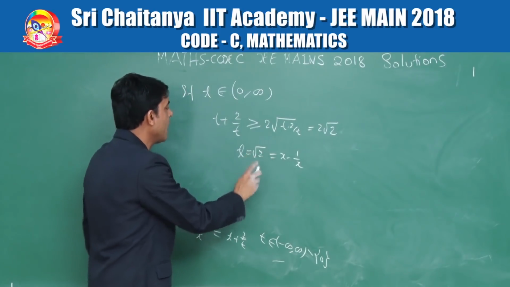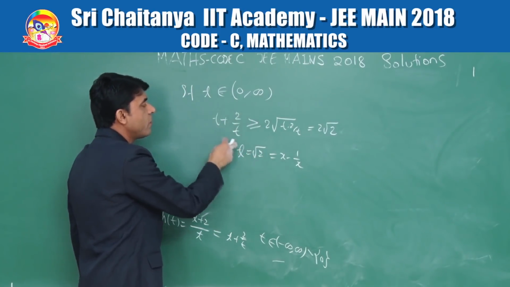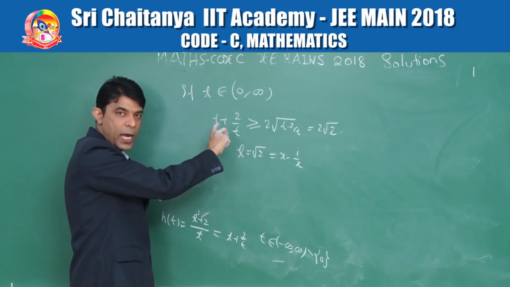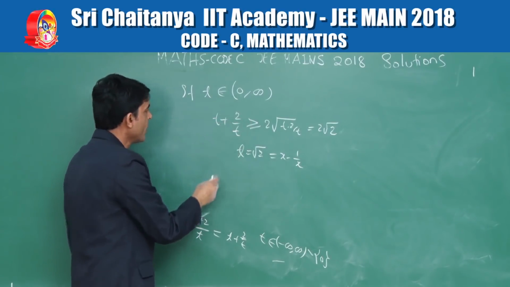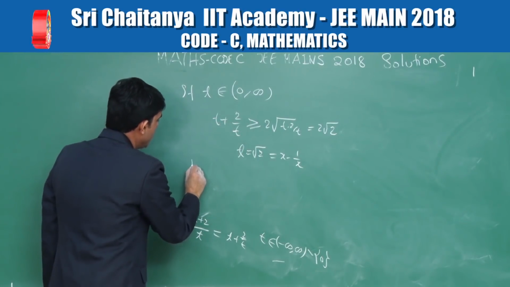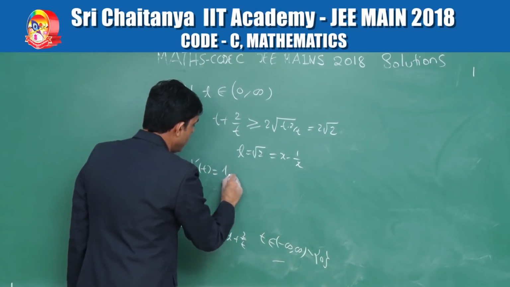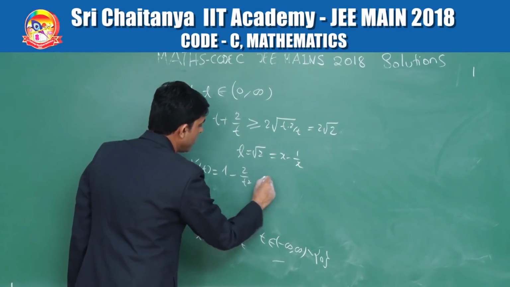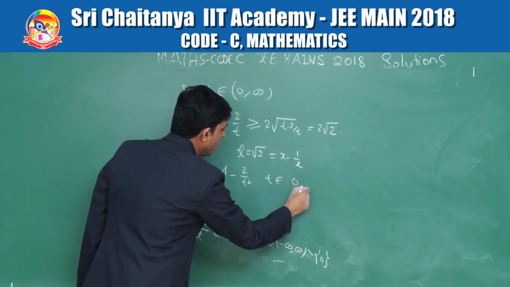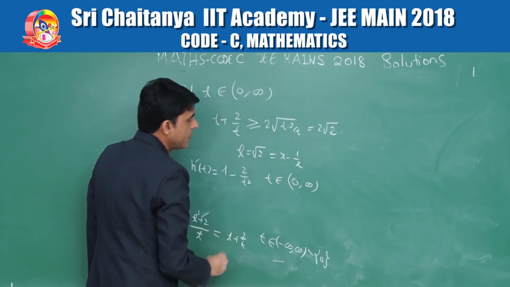After that, we can claim that this is a candidate for local minima, but let's check what our calculus says. We have h of t, so h prime t is 1 minus 2 over t square for t an element of 0 to infinity.